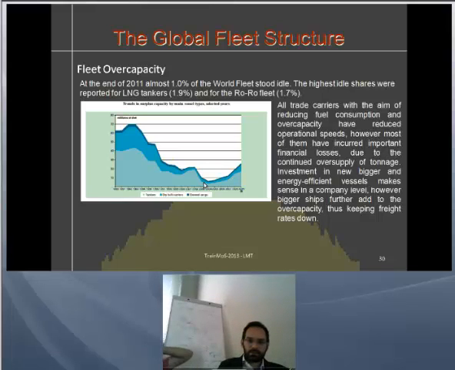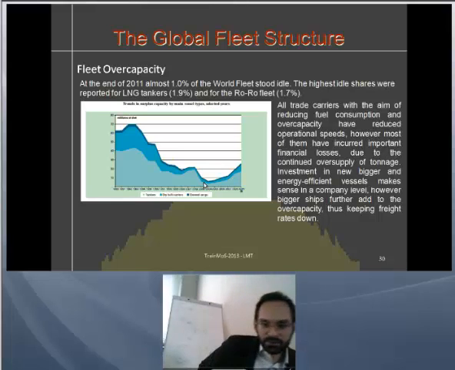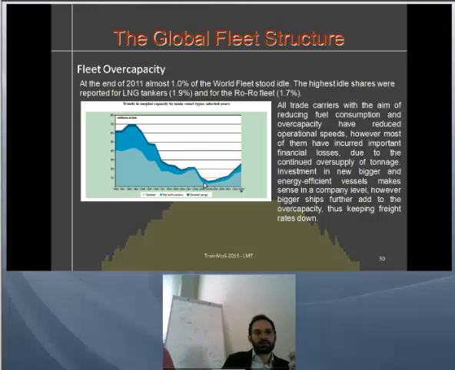We can see that even container carriers are now reducing speeds. Container vessels are designed very specifically for high transport speeds, and now they're doing a different operational scheduling in order to reduce speeds and save on fuel consumption.